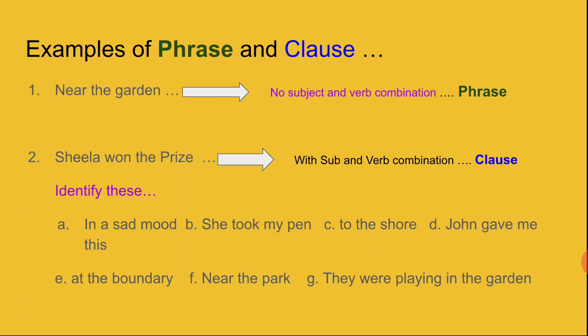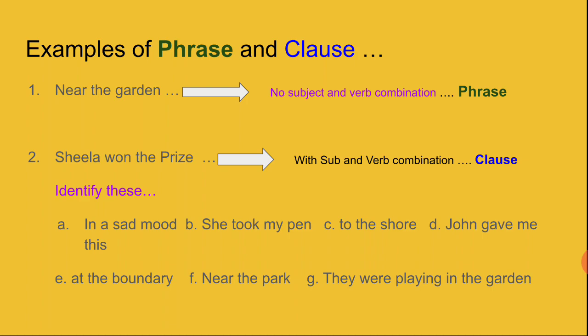Sheila won the prize. You can find out the first word Sheila is a subject and the second word won is a verb. So this group of words has a subject and verb combination and it is a clause. I'm just giving you the example of a phrase and a clause.